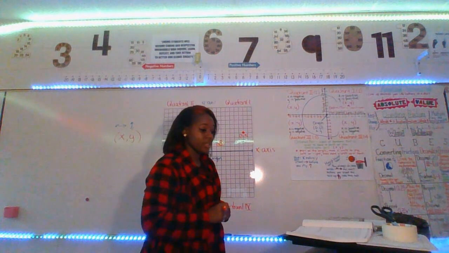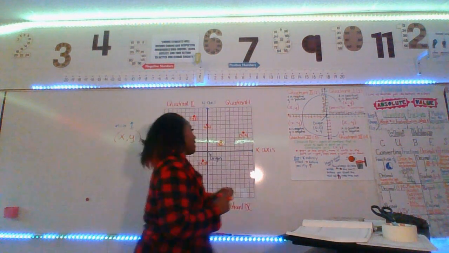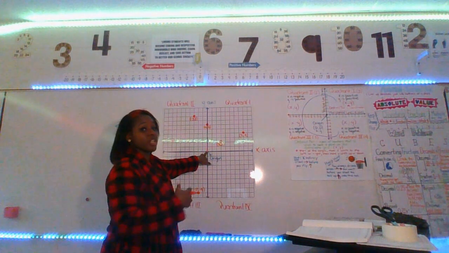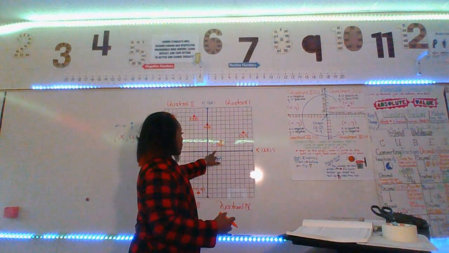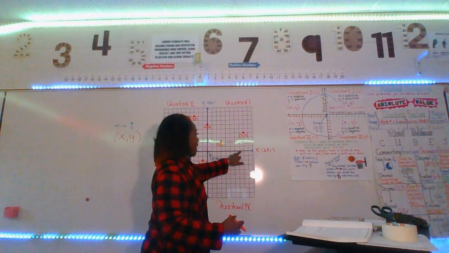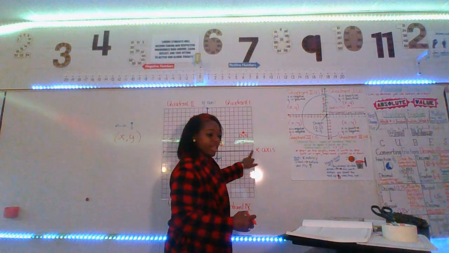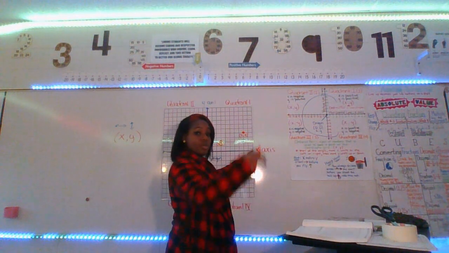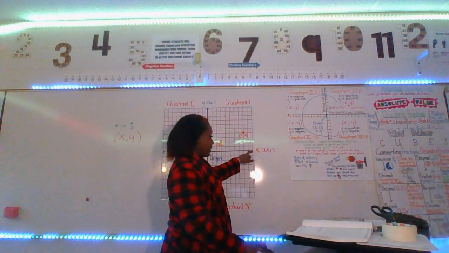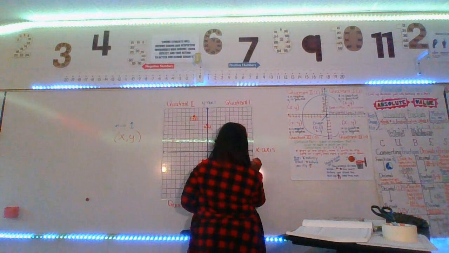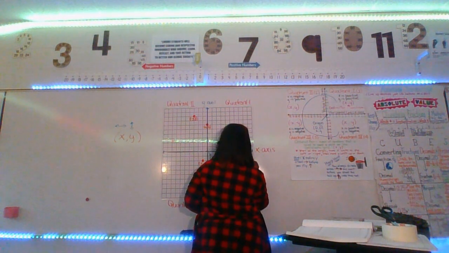Then we're going to put the last one on there, and it says 10 and negative 2. 10, the first direction is left to right, so I'm going to the right 10. 1, 2, 3, 4, 5, 6, 7, 8, 9, 10. And then I'm going to negative 2. Negative 2 says I'm going up or down. In this case, because it is negative, I'm going down. 1, 2. We put a dot there, and we label it 10, negative 2.